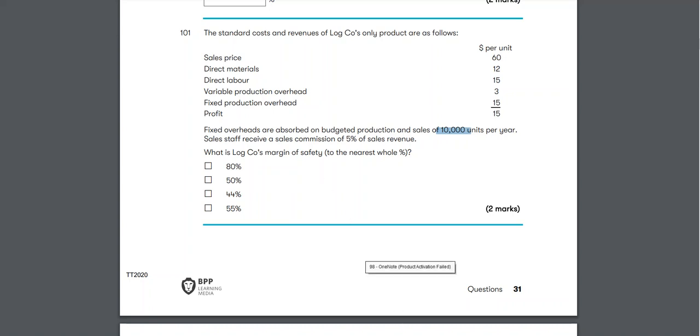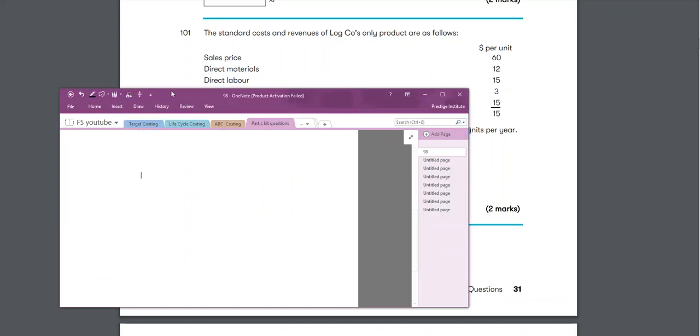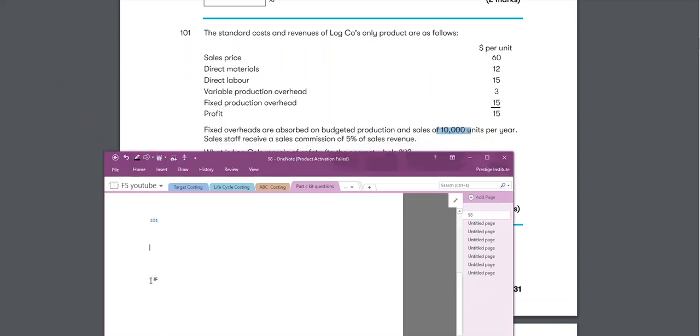Remember, to find margin of safety, first we have to find break-even units. So our fixed cost is 15 per unit and we have budgeted units of 10,000, and fixed cost is based on this, which means 150,000 is fixed cost. If 150,000 is fixed cost, divide by contribution per unit.